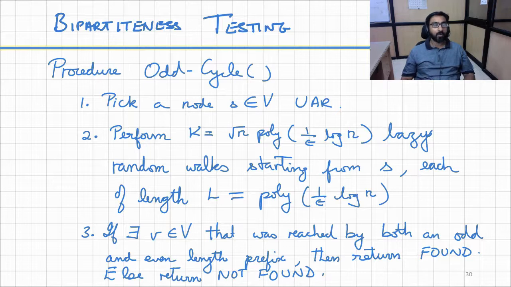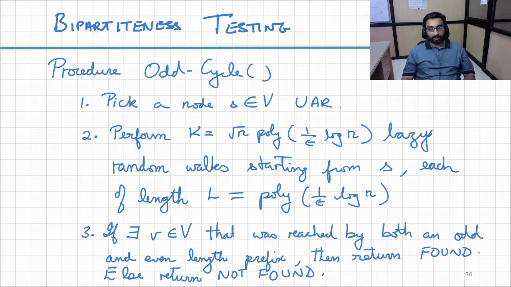And we want to know whether there was a vertex v that was reached by both an odd and an even length prefix. If such a vertex v can be found, then clearly what we can conclude is that there exists an odd cycle.